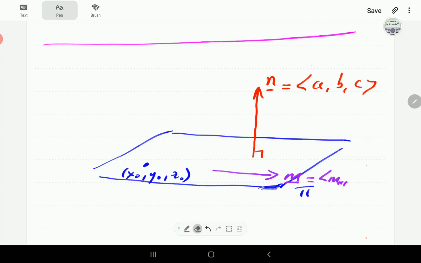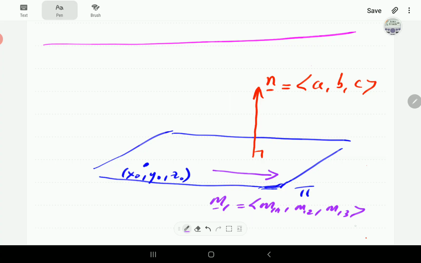So that's one direction vector m1, with components m11, m12, m13. Then we need another direction vector.